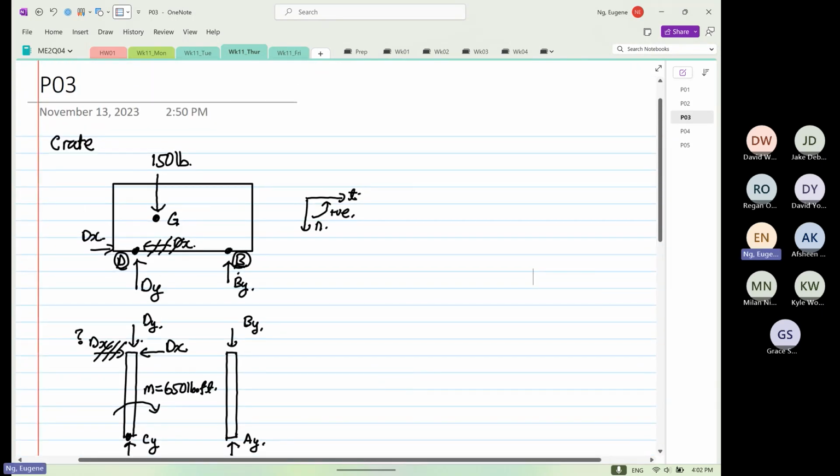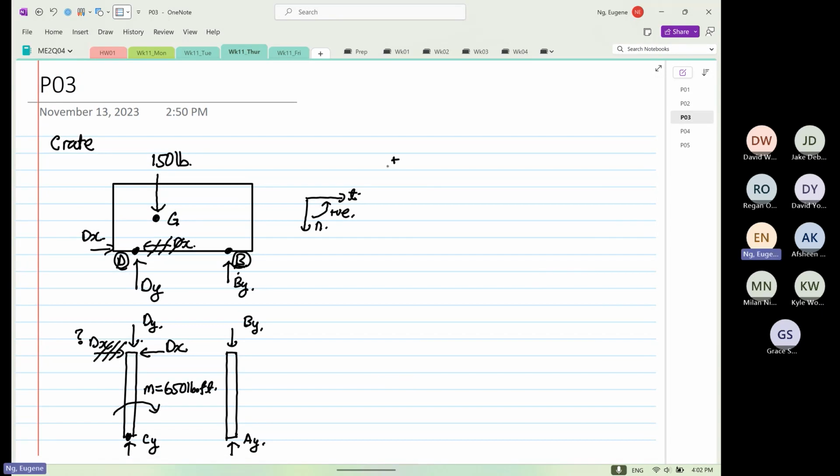So what we are going to do now is we are going to have summation of forces in the tangential direction is equal to m aGt. As I said, we are going to focus on the crate.